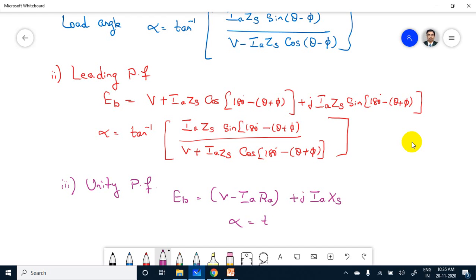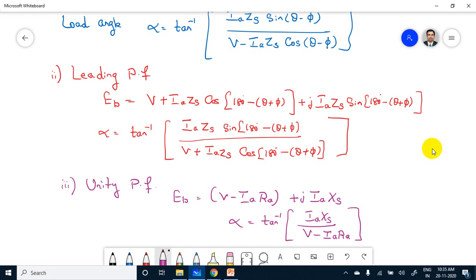Alpha equal to IA Xs divided by V minus IA Ra. Okay, so this is the phasor diagram as well as the equations in terms of normal excitation of our synchronous motor.